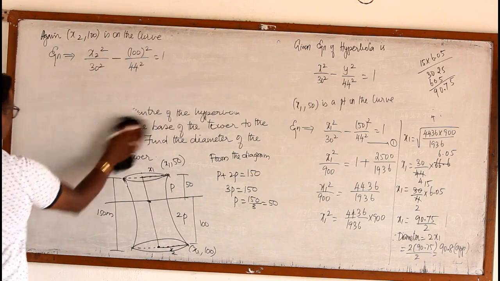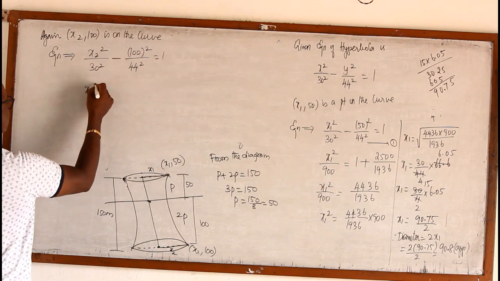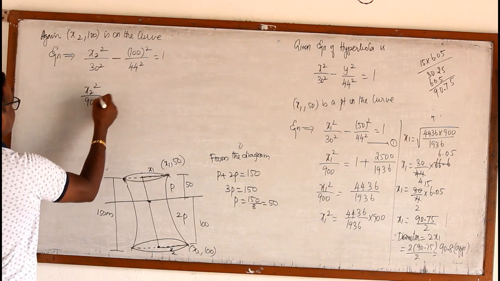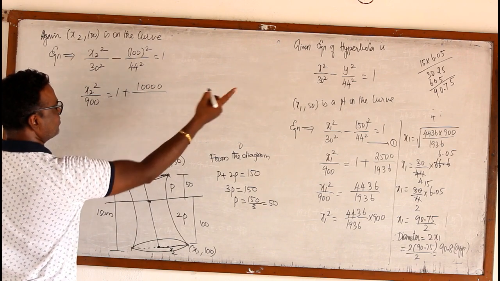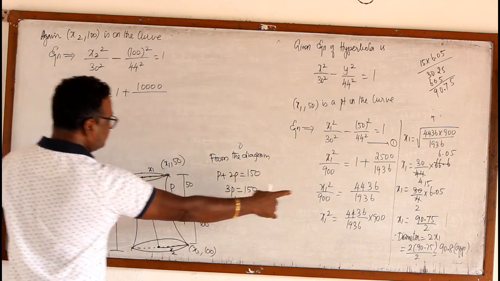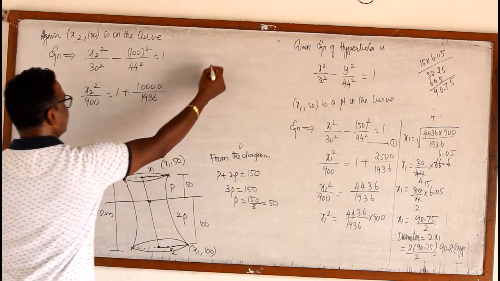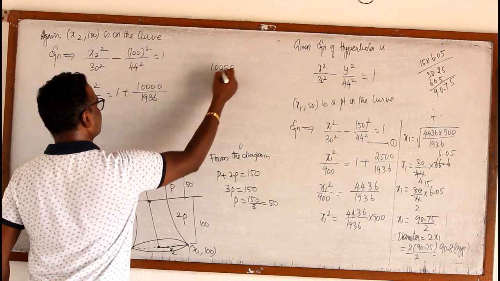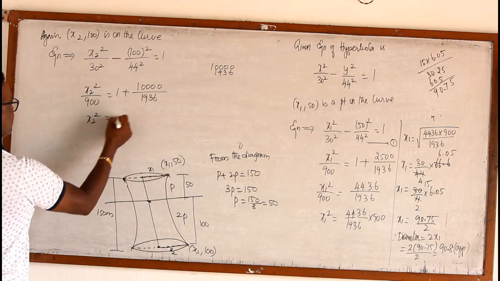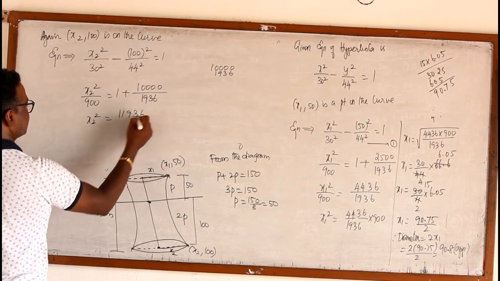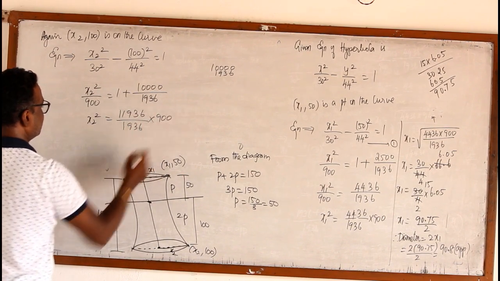So I have to find out the diameter, that's all. So it is x2 square by 900 equal to 1 plus 10000 by 44 square, which is 1936. So x2 square equal to 11936 by 1936 into 900.